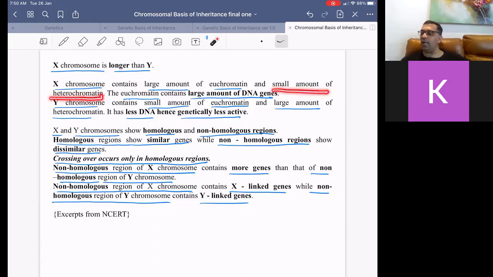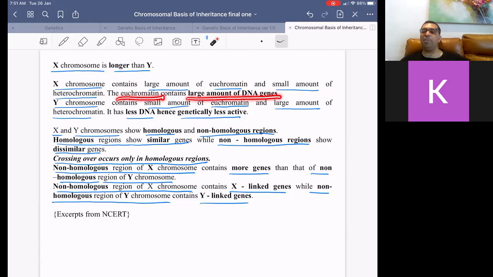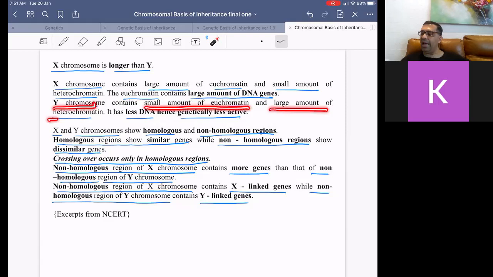Euchromatin contains a large amount of genetic material, DNA and genes. The Y chromosome contains a small amount of euchromatin and a large amount of heterochromatin, so it has less DNA and is genetically less active.